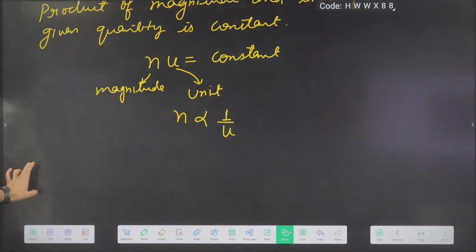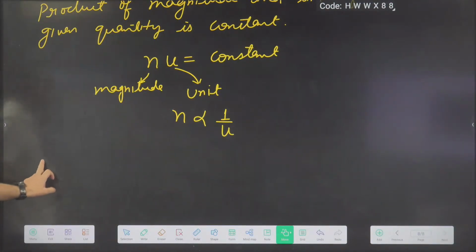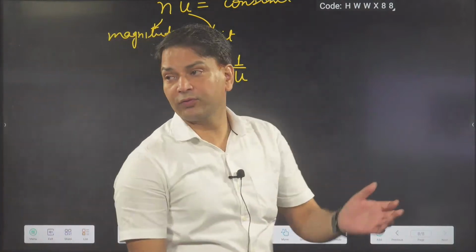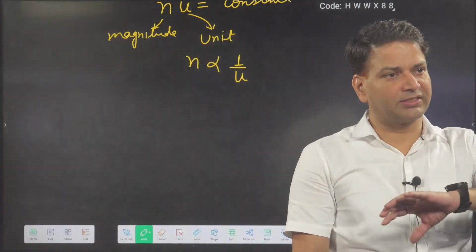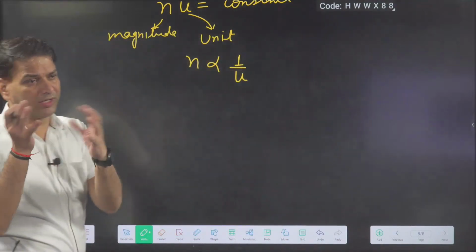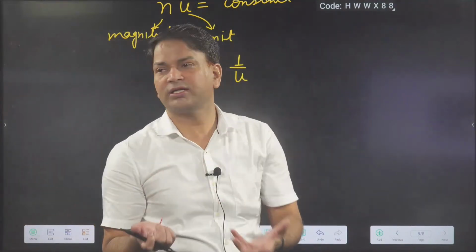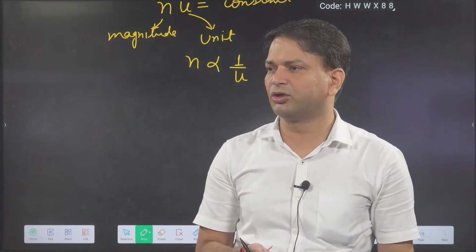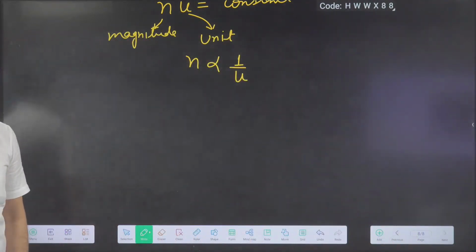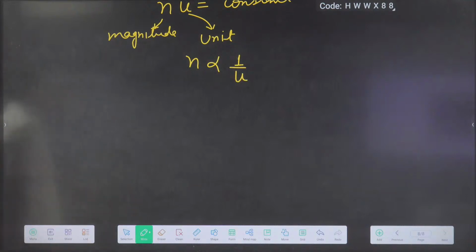Up to this okay? This relation I think most of you know. So if I want to convert a quantity from one system to another system, okay, then in one system the magnitude is n1 and unit is u1, in the other the magnitude is n2 and unit is u2. Then we can say n1 u1 is equal to n2 u2. Why? Their product is constant.